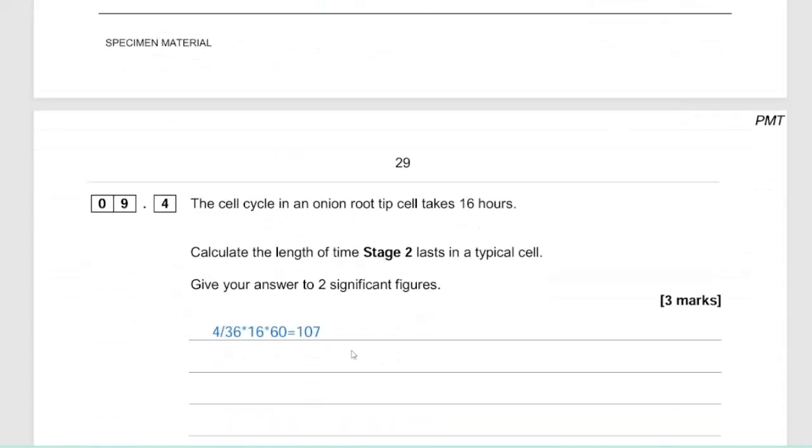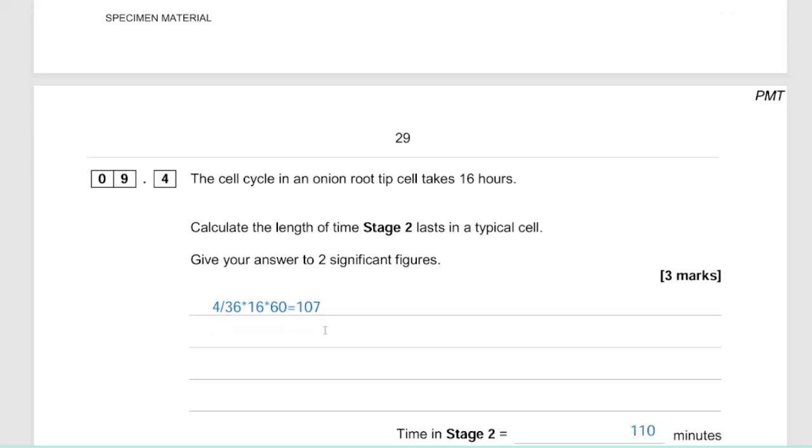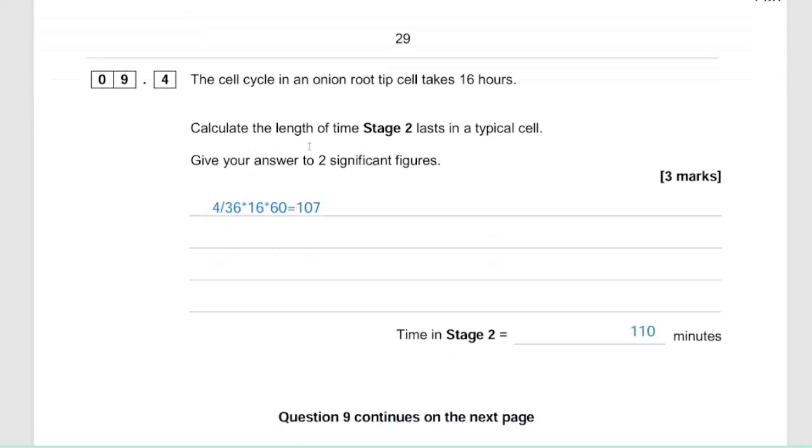So you need to do 4/36 times 16 to get the amount of time spent in stage 2 in hours. And then you simply times it by 60 to get it in minutes, and that gets you 107 minutes. However, because it wants it in two significant figures, for your actual answer in the answer box, you need to write it as 110. Otherwise, you would only get 2 of the 3 marks.